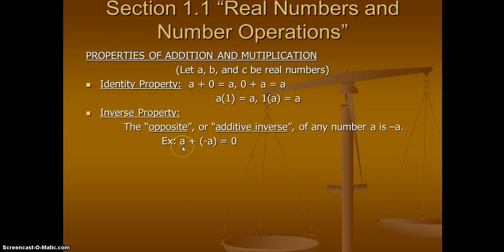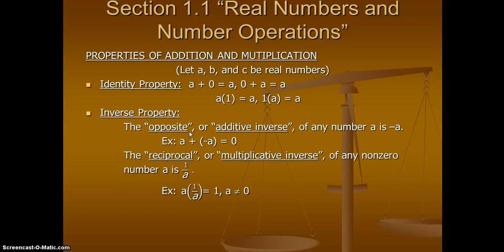One is where the positive number plus the negative of that number will give you 0. And that's also called additive inverses, or you can call them opposites. And the second one is called the reciprocal or the multiplicative inverse, which means that if I multiply any number times its reciprocal, I'm going to get 1.